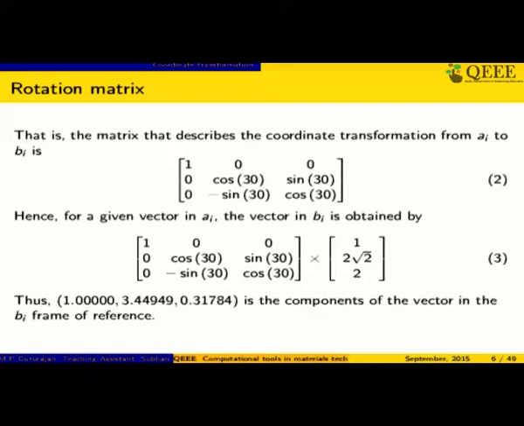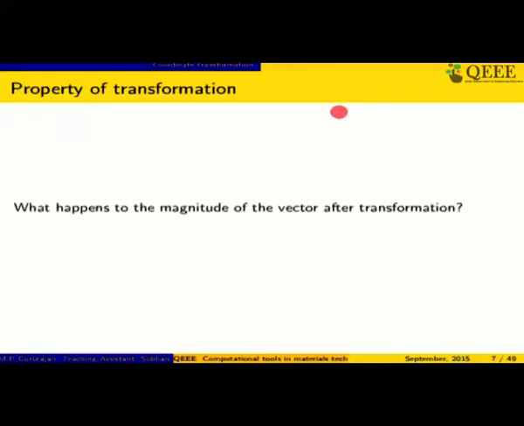Okay, so this is the first example that we are interested in understanding. Okay, so because the rotation is supposed to leave the magnitude of the vector constant, like I said, the determinant of the rotation matrix is 1. You can also say it the other way.